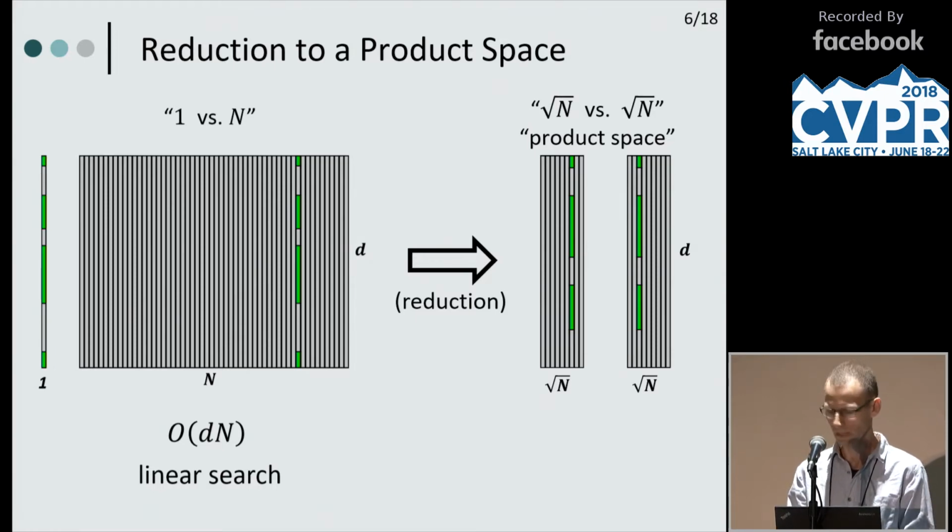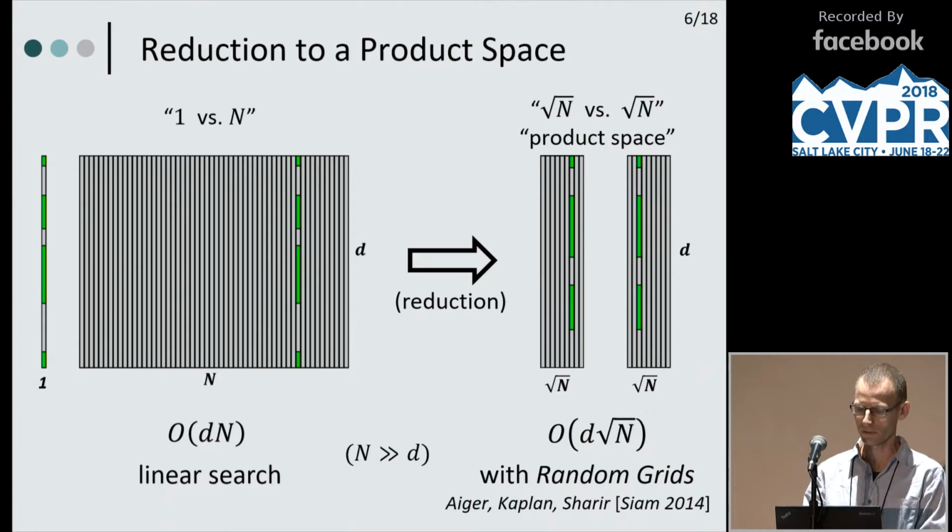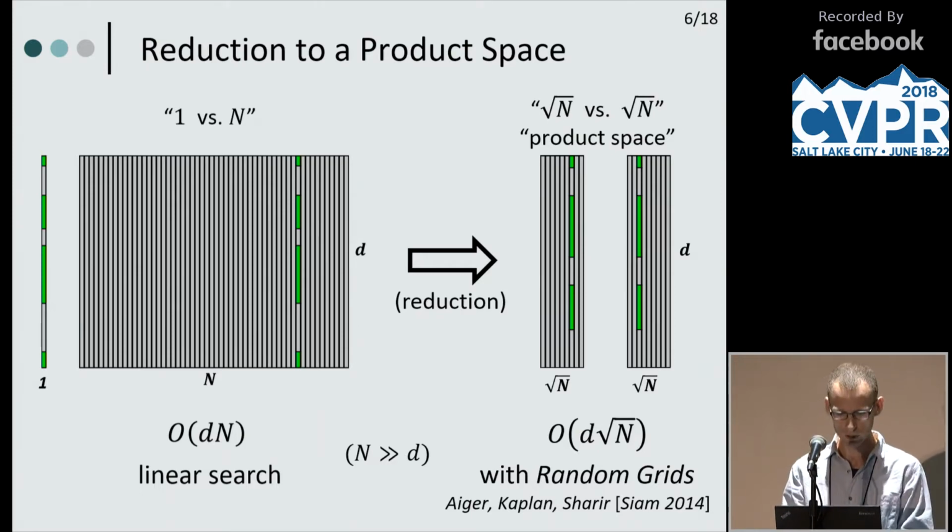Now, it might seem like we haven't done much, because matching between 2 sets of square root of N vectors might still take time of order D times N, but it turns out that this can be done much more efficiently with the help of the random grids hashing algorithm. So we managed to quadratically improve the dependence on the transformation space size N, and this is very significant. We can now handle higher dimensional spaces still in a reasonable time.